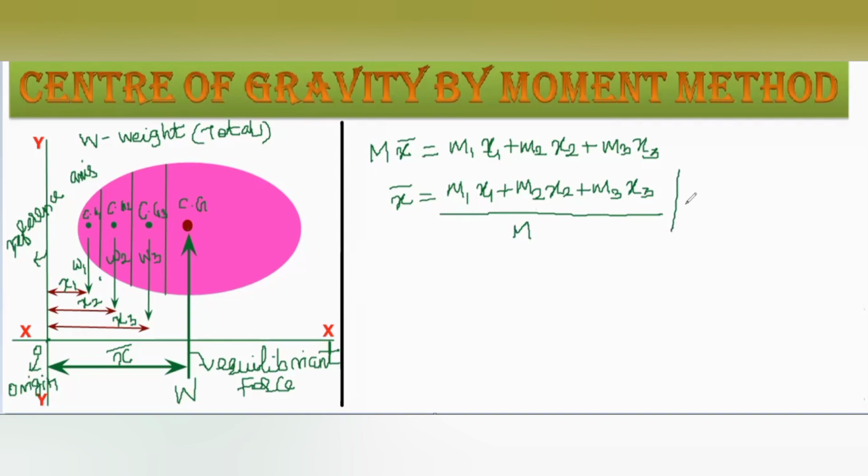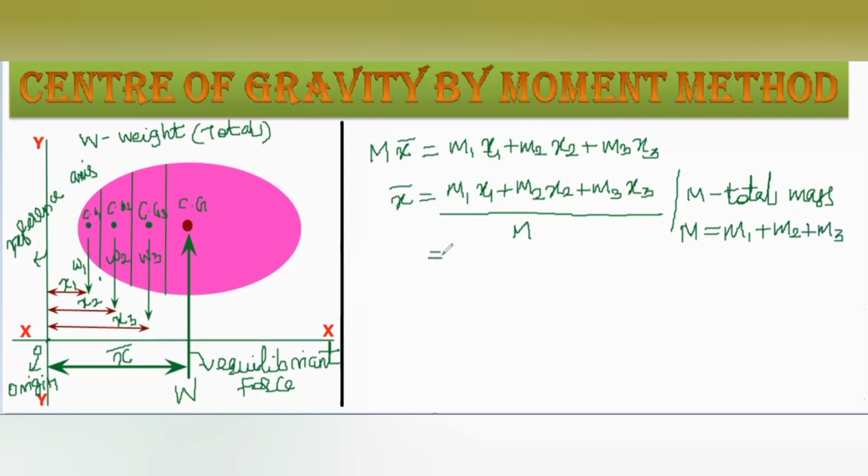And we know that the total mass M, the total mass of the area, we can take as capital M equals m1 plus m2 plus m3.